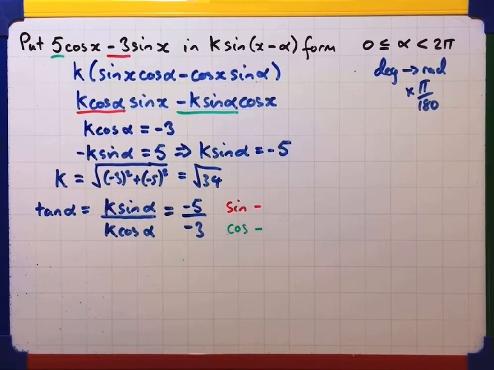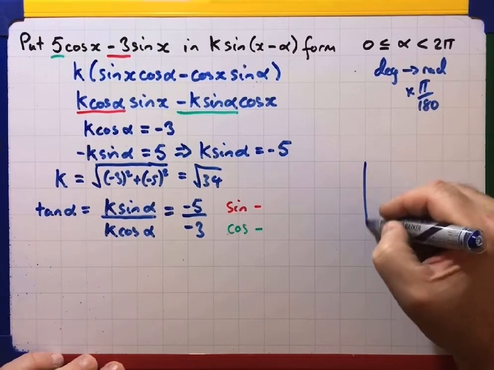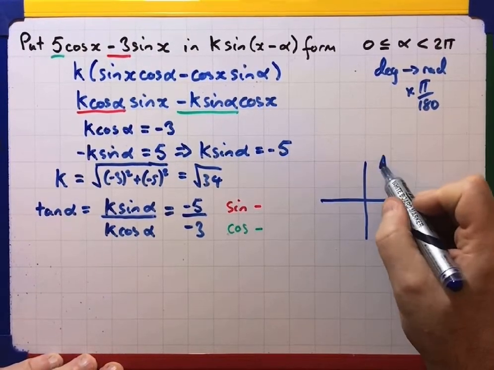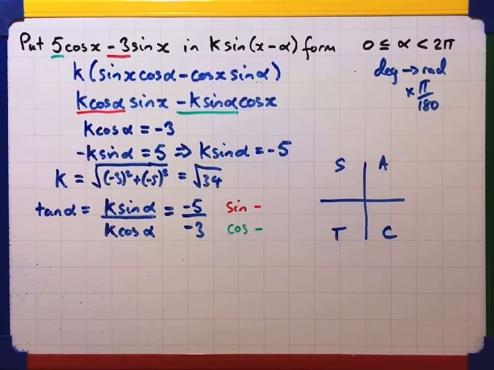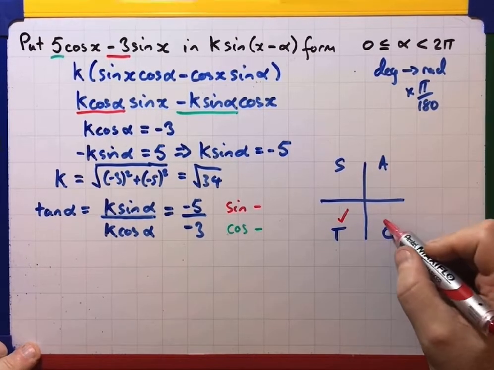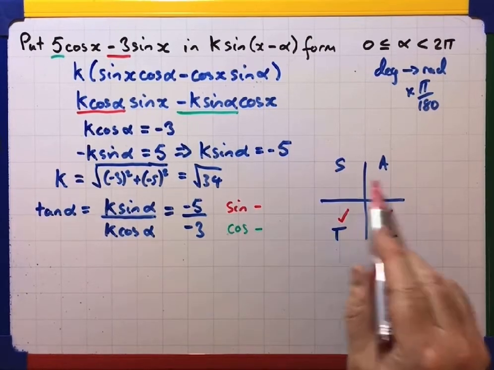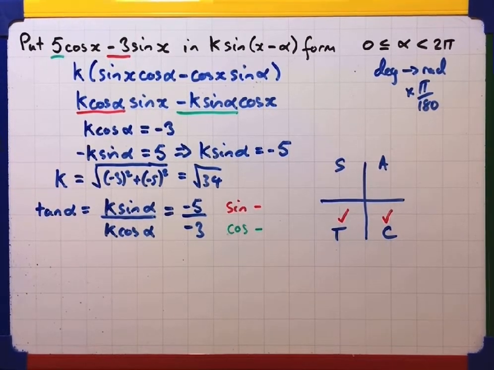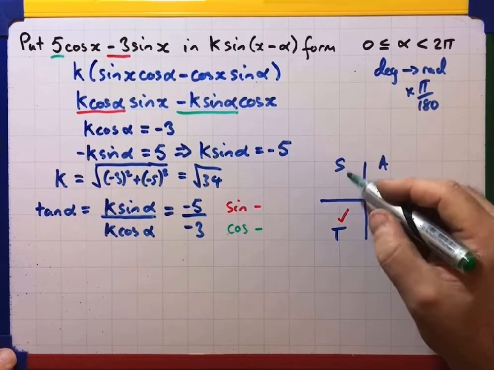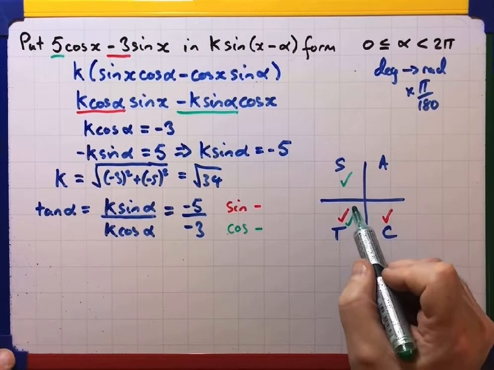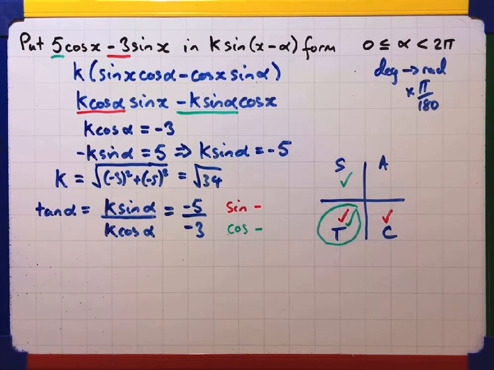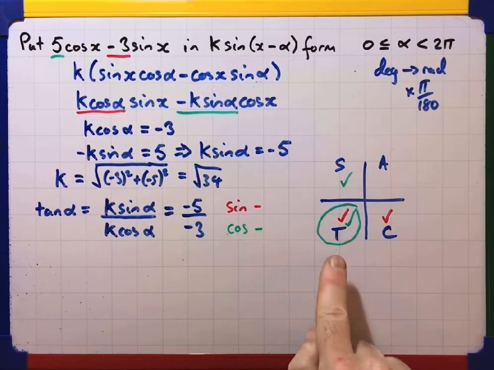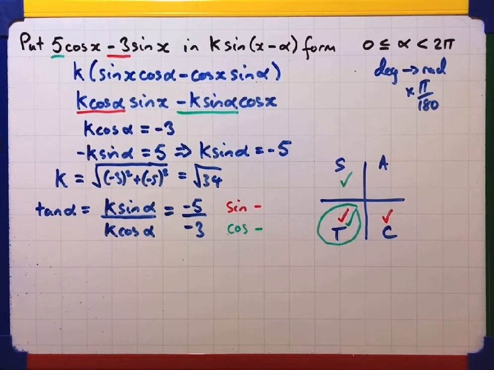So if we look at our cast diagram, all sine, tan, cos, sine negative has to be one of those two because it's positive up there, and cos negative has to be one of those two. The only place it can be, therefore, is a third quadrant angle. So we're going to be looking at 180 plus, remember, for third quadrant.